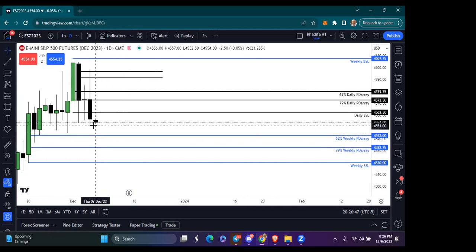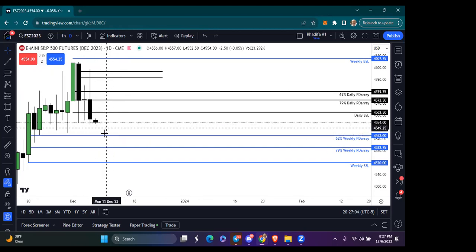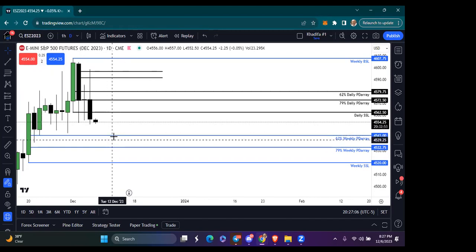So tomorrow is a reversal day though, so that's why I want to see what the market does. We could see price reach down into this weekly PD array throughout the rest of Asian tonight and going into London, and then somewhere around London we see the low of Thursday created, right?